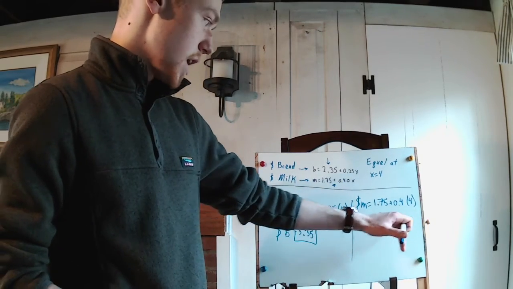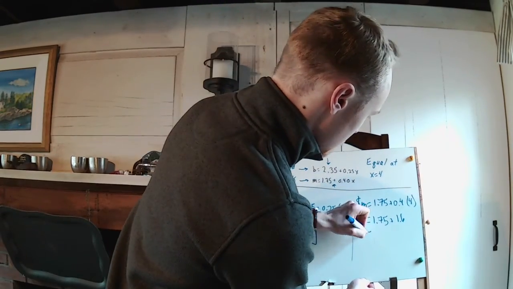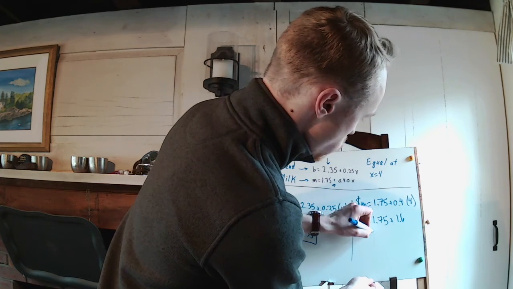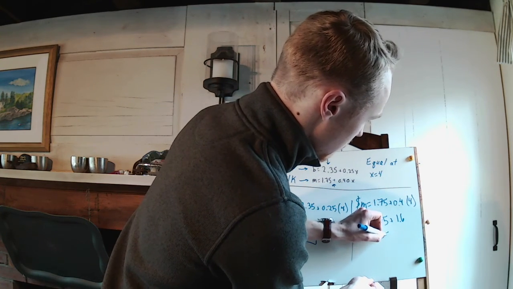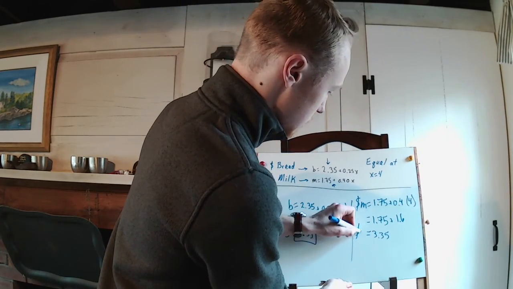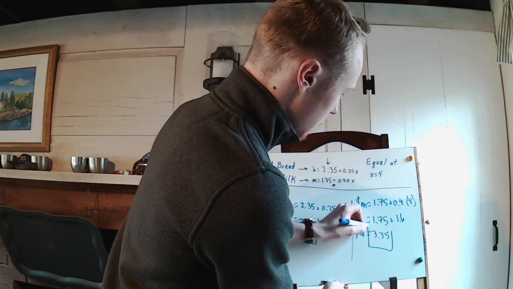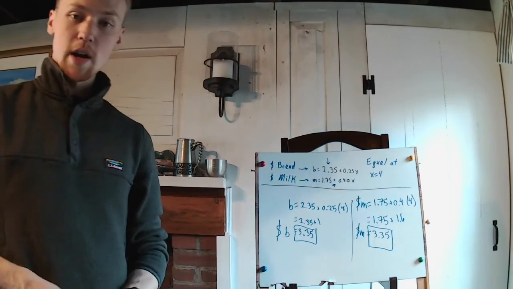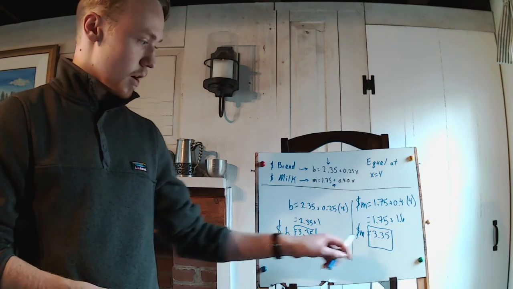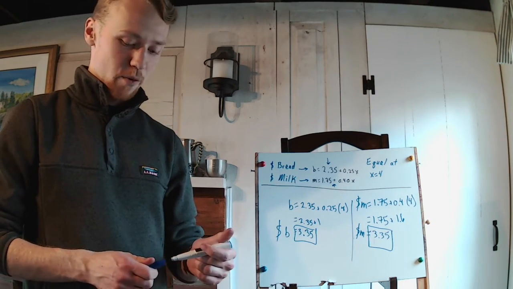And 1.75 plus 1.6, that will equal 3.35. And you'll see that is, in fact, equal to the answer we got over here. Therefore, this is correct. So here's the value when they are equal, and here are the prices at that point.